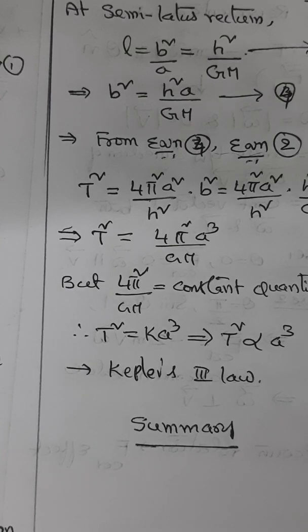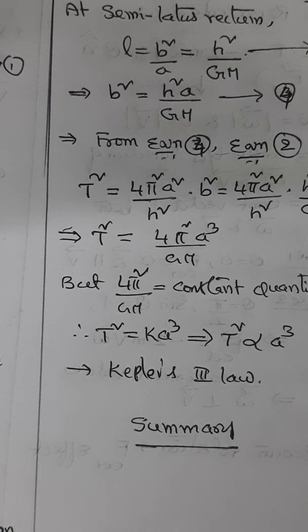The space around the body within which it experiences a gravitational force of attraction is what is known as the gravitational field. The gravitational attraction force acting on the planet towards the sun is responsible for the planet's centripetal acceleration.